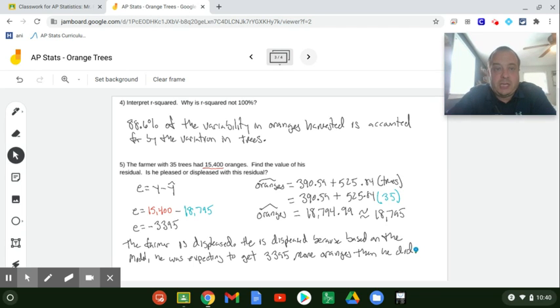Right, so in this case right here, he performed well below what the model would predict for somebody with 35 trees. Okay, so in this context right here, he is not happy with that negative residual. He was expecting to get 3,395 more oranges.